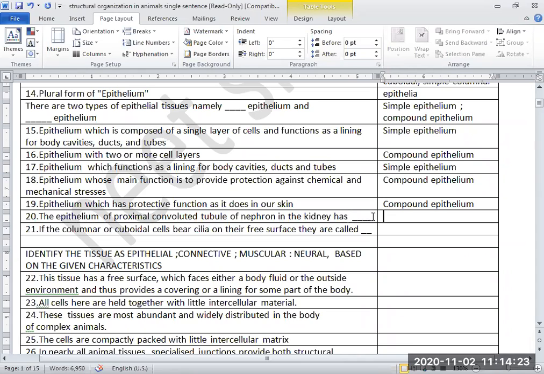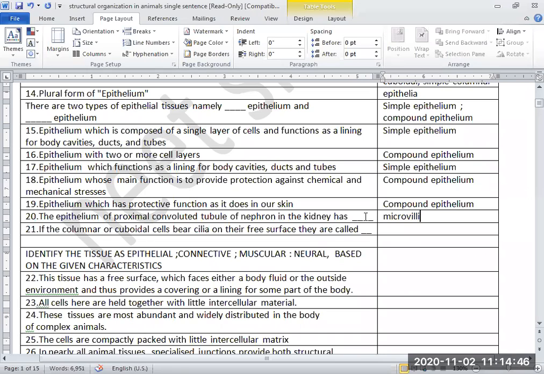Is there anything special in them? Simple cuboidal. Oh, okay, no problem. It has microvilli. The epithelium of proximal convoluted tubule of nephron in the kidney has microvilli. It is made up of simple cuboidal, no matter.